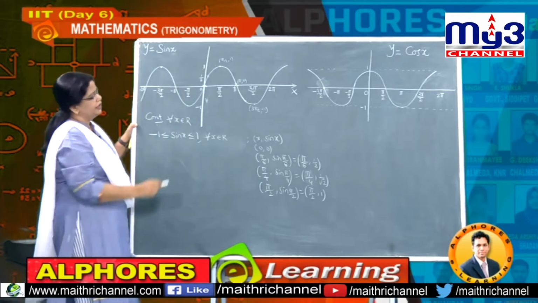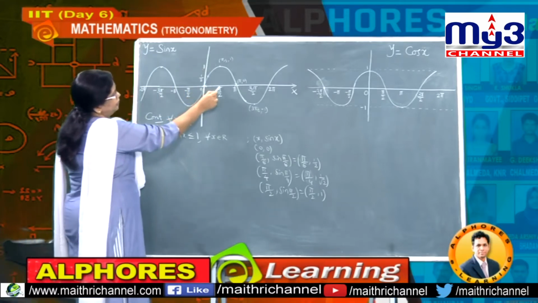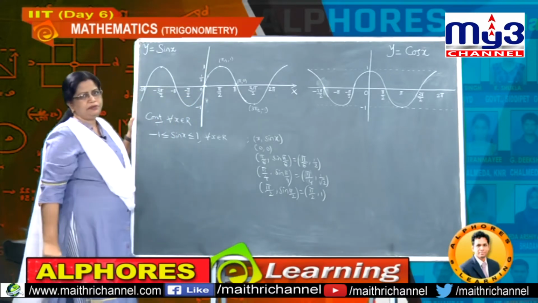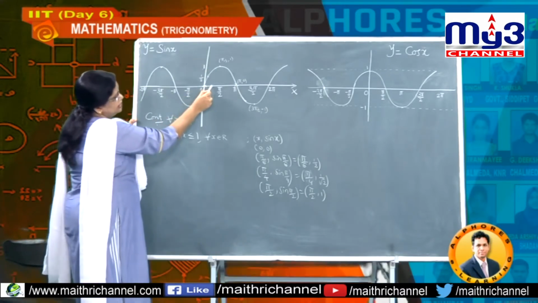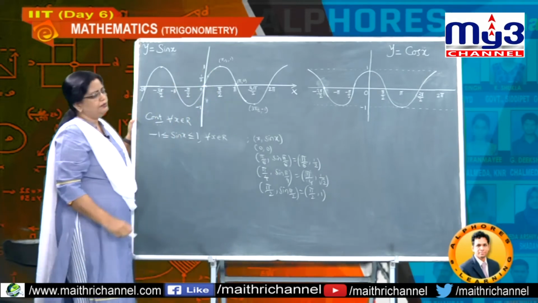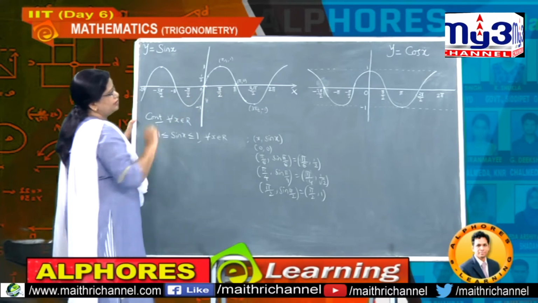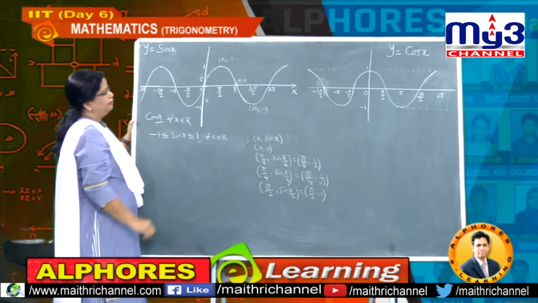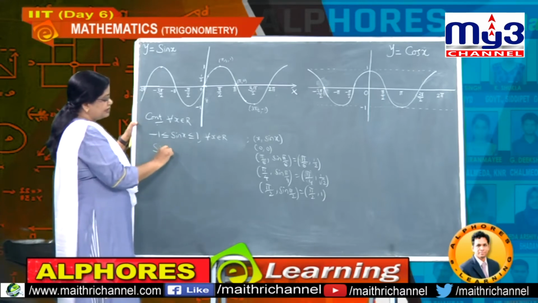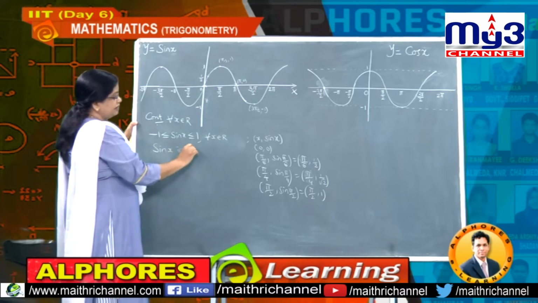Understand students? Therefore, from 0 to pi by 2, the sine curve is known as an increasing function. As long as x is increasing, correspondingly y also increases. Therefore, for all x belongs to (0, pi by 2), the new name we are calling is: sin x is increasing.